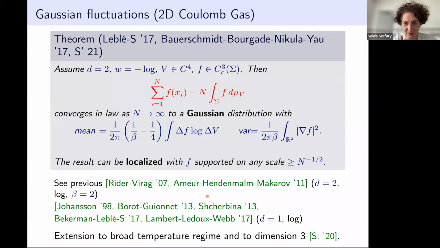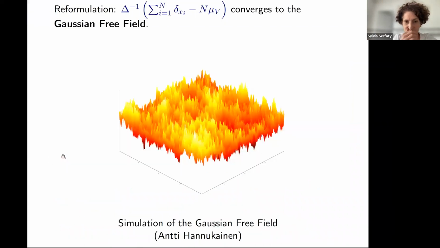So this result only existed for beta equals 2, because that's the determinantal case, or previously for the 1D log case. And now it can be extended somewhat in dimension 3 in certain temperature regimes, and you can even let beta depend on n. But I don't want to get into too much detail.